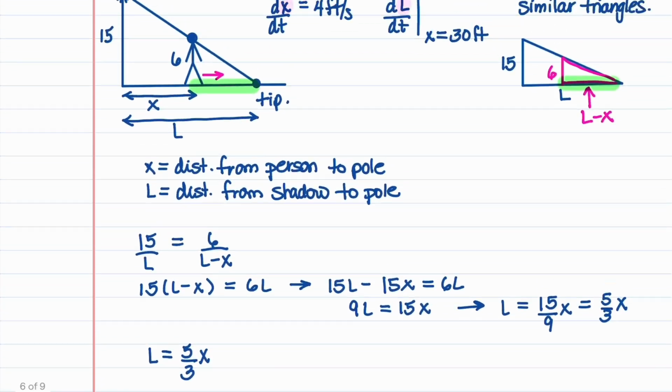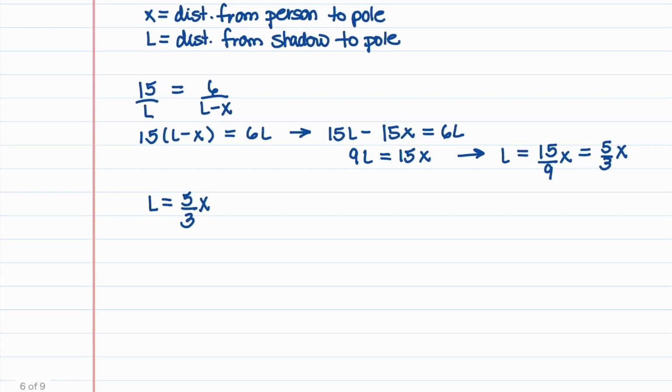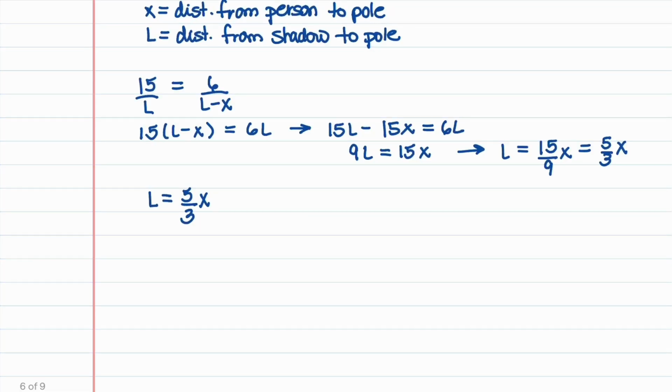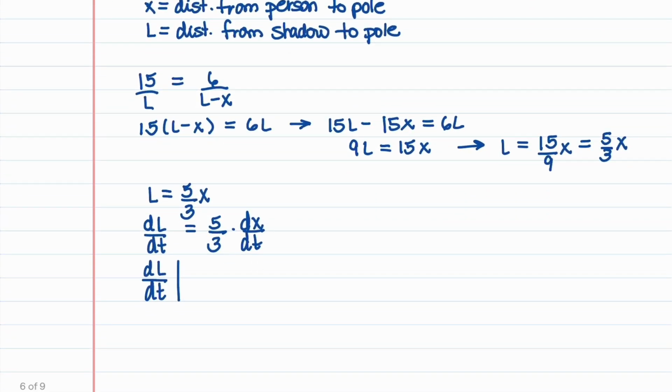Let's go back up here and see what we want to find. We want to find dL/dt. So we are going to take the derivative with respect to time. So we have dL/dt is equal to 5/3 times dx/dt. Looks like we have to go back up again when x is 30. So x is 30 feet.